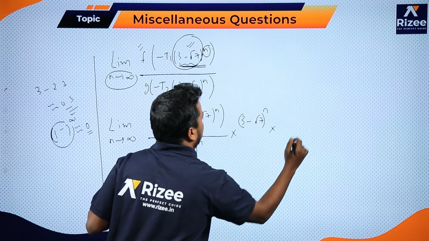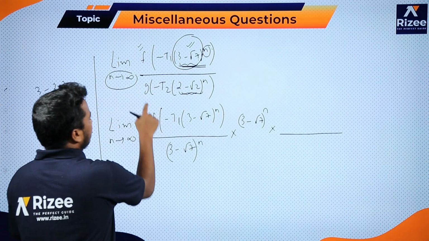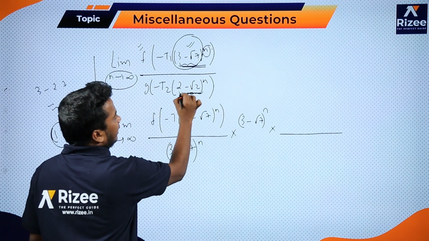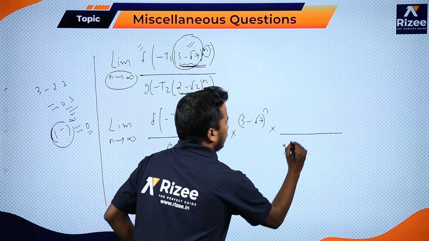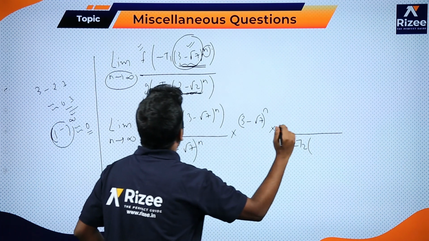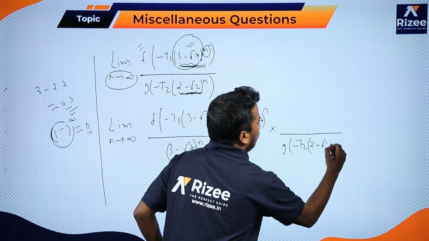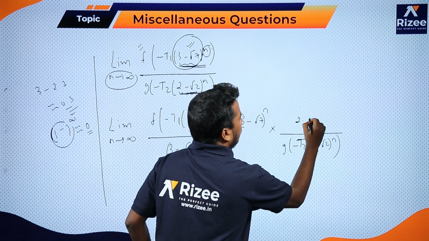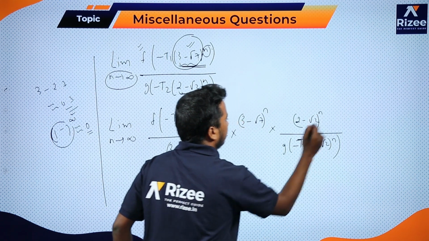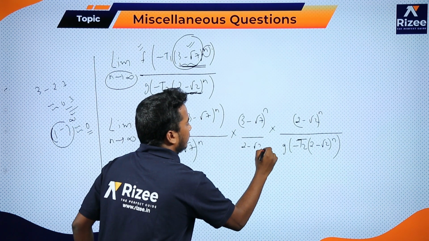The denominator is g of something, and this is also tending to 0. So I would divide g of something by something. So g of minus t2 into (2 minus root 2) whole power n, divided by (2 minus root 2) whole power n, with (2 minus root 2) whole power n in the numerator.